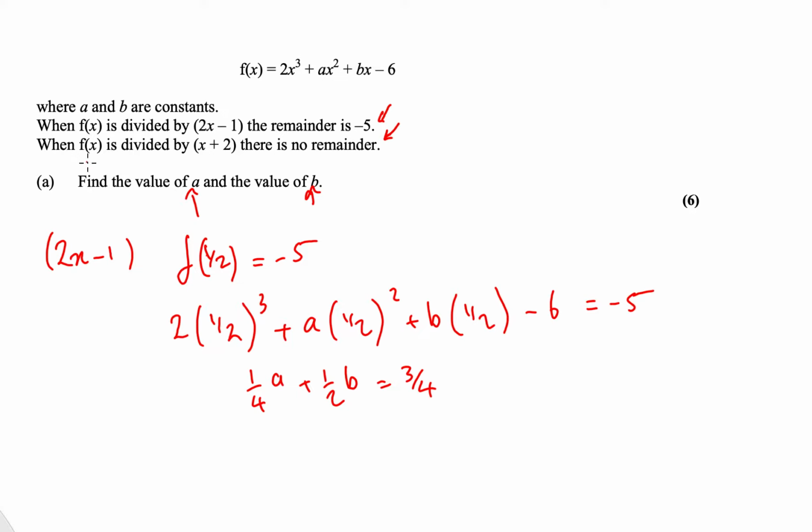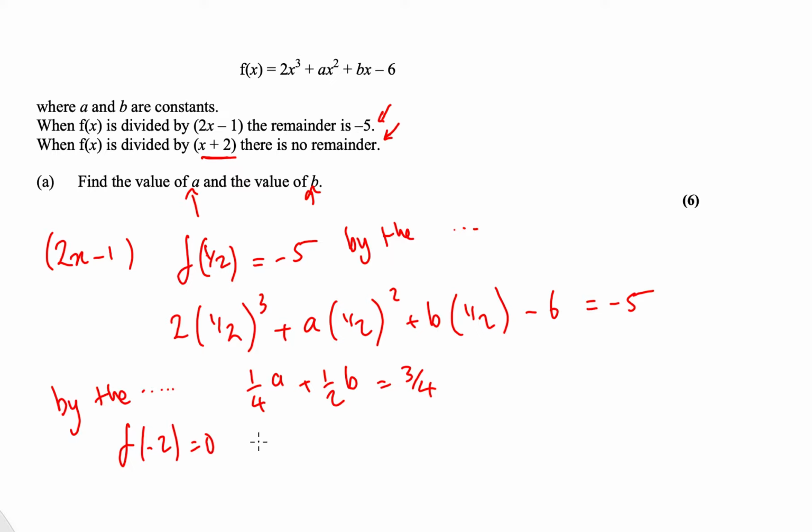And the second one now, when f of x is divided by x plus 2, there is no remainder, so x plus 2 is a factor. If something can be divided without a remainder, that's the definition of it being a factor. So we know that f of minus 2 equals 0 by the factor theorem. You can write here by the remainder theorem, and here as well by the factor theorem.